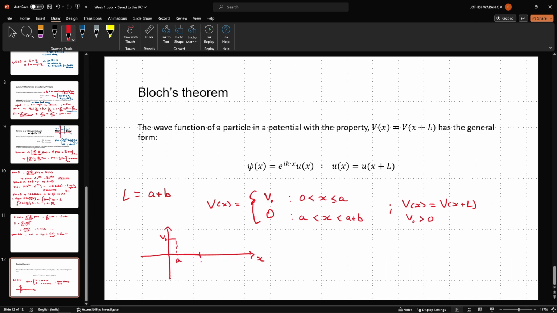So this is A, this is A plus B, and my potential will look something like this. Once again, it will go up and stay like this. So this is a periodic square potential. Again, for people familiar with electronics, this looks like a square pulse train.